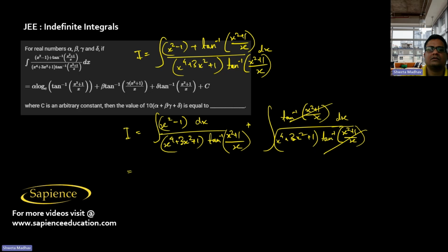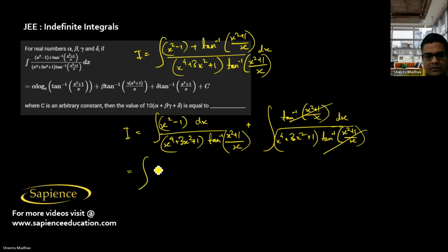Then in this integral, we can divide by x square on both sides.